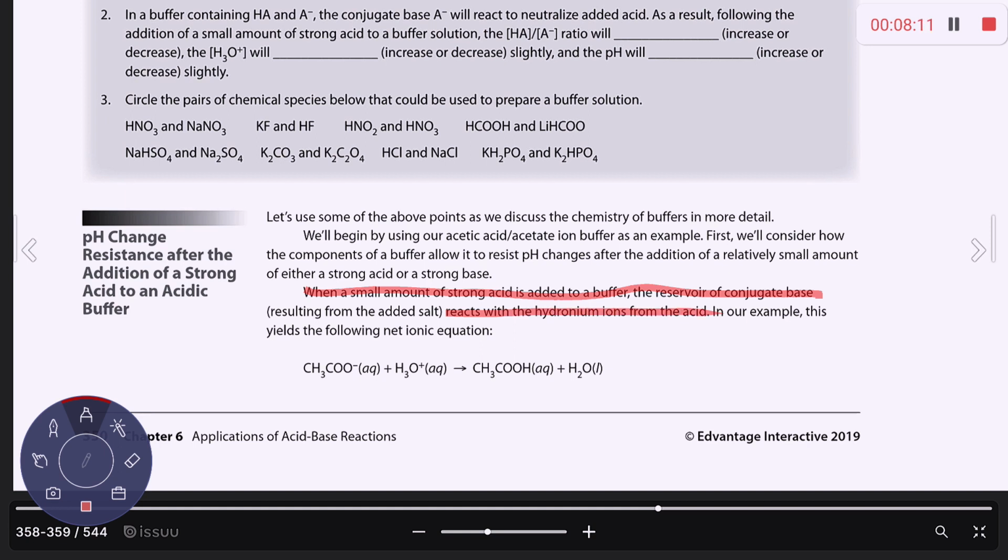So, for example, here we have the conjugate base of acetic acid, okay? And it will accept a hydrogen ion from hydronium, which is representing your acid, and then it will turn into acetic acid, which is your weak acid.